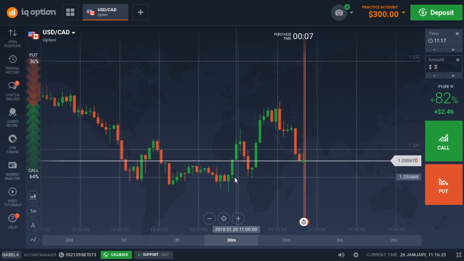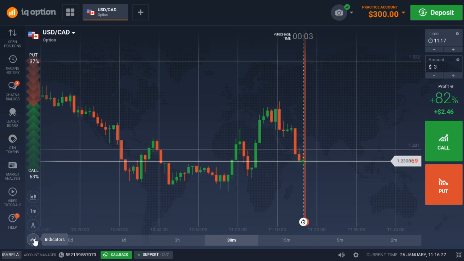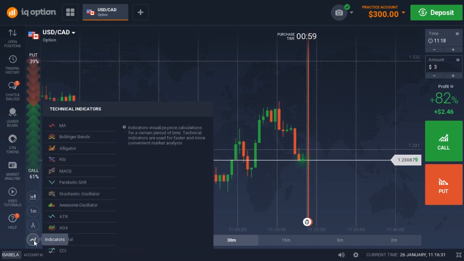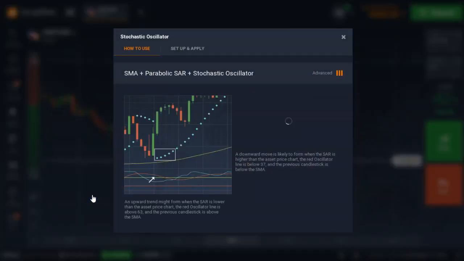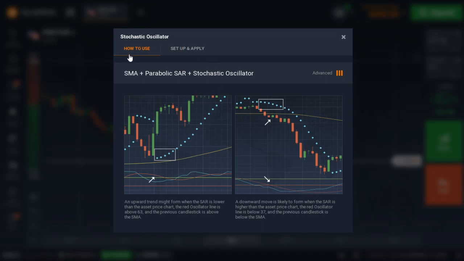Next we are going to the indicator icon. Click here, and we are going to use 2 indicators for this strategy. The first indicator that we're going to set up is the stochastic indicator, which is an oscillator. Now we go on to setup and apply.